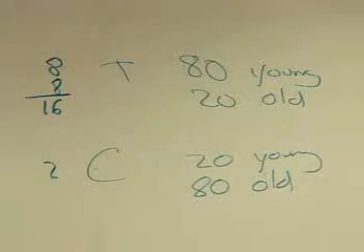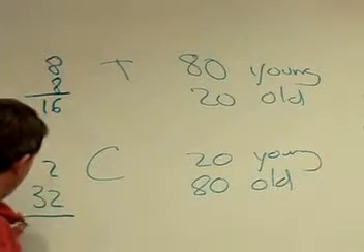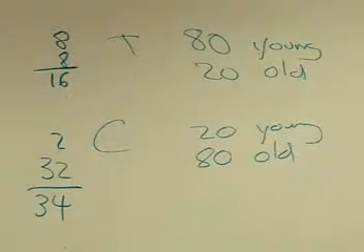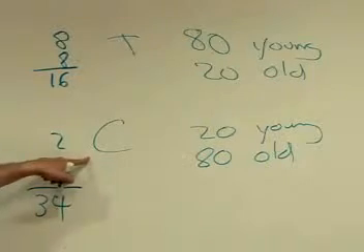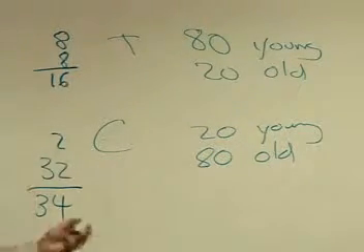Higher arithmetic here. How many of the 80 old people? 40% of 80. 4 times 8 is 32. Excellent. Okay? So a total of 34. 34 people have died in the control group, 16 in the treatment group.